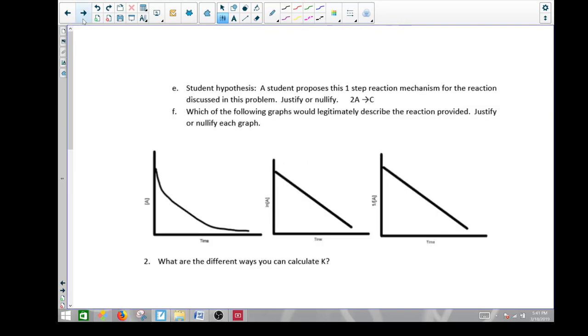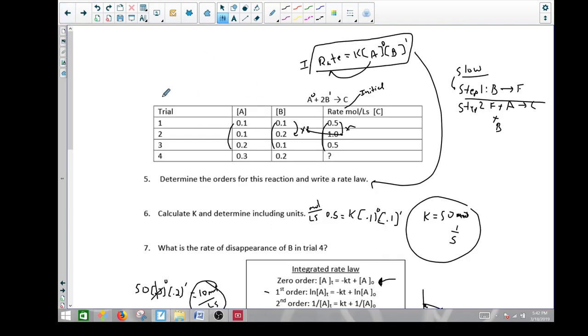All right. Student hypothesis. A student proposes this one-step reaction mechanism for the reaction discussed in this problem. Justify or nullify. All right, so in this case, well, the answer is saying 2A goes to C. Let's back this up a second. I think they're referring to the previous question.